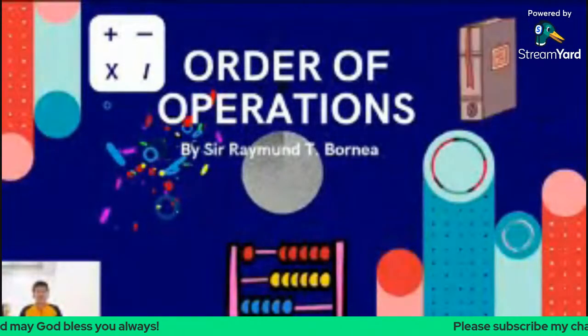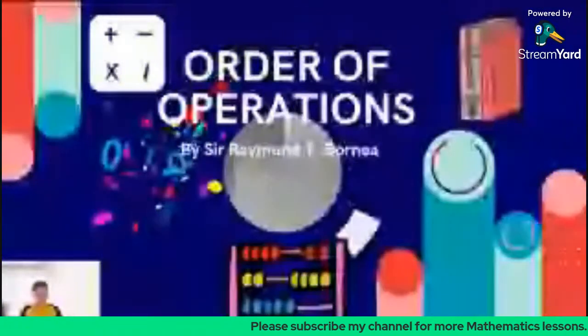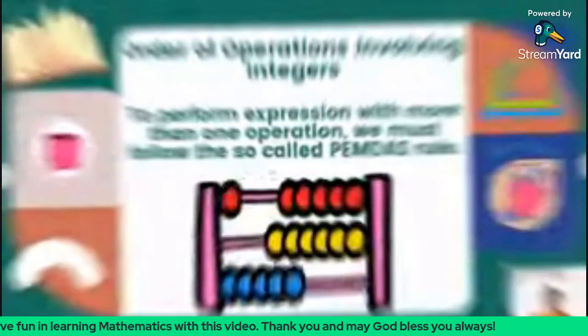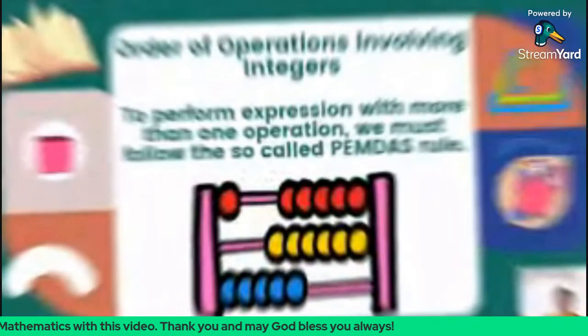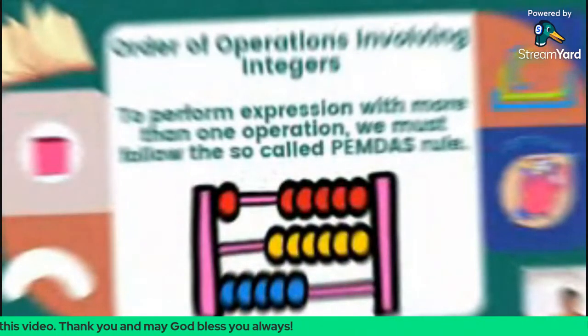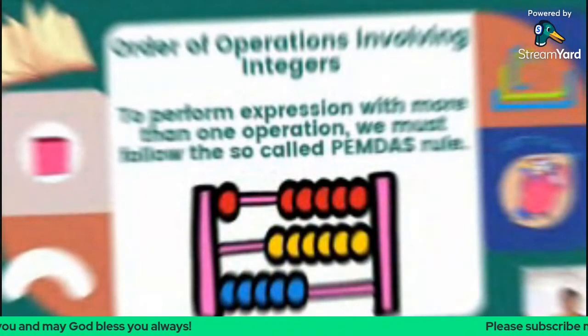when E comes first before P, then E must be executed first. Just like with M and D. When multiplication comes first before division, then multiplication must be executed first, from left to right, and vice versa.